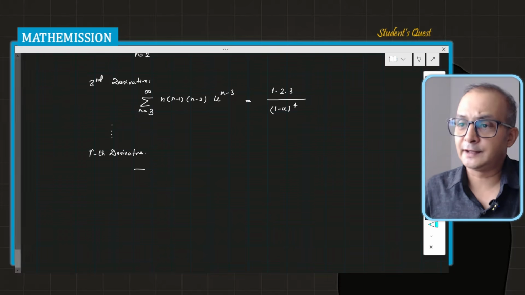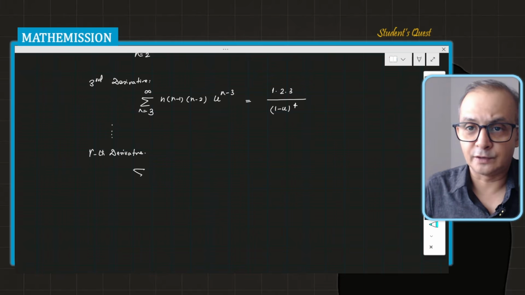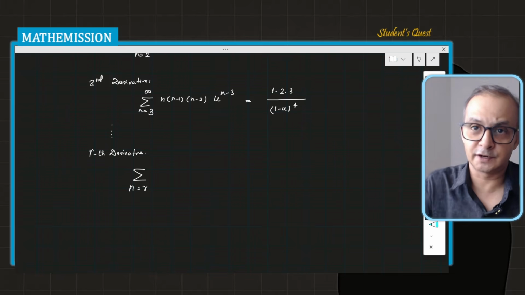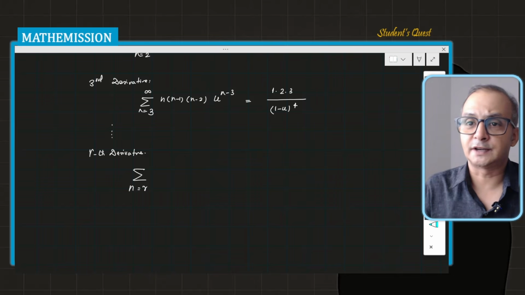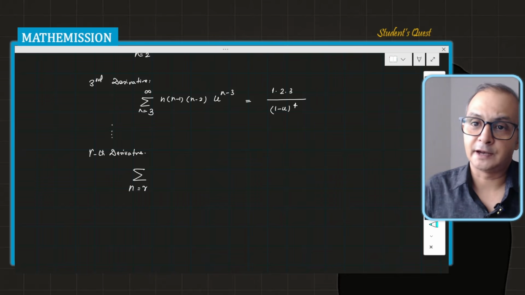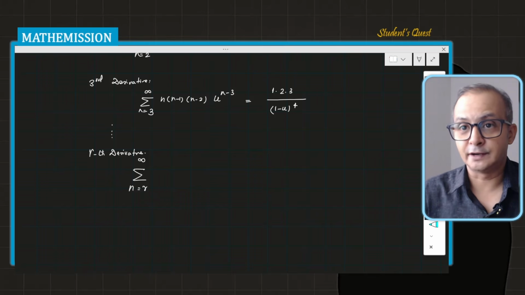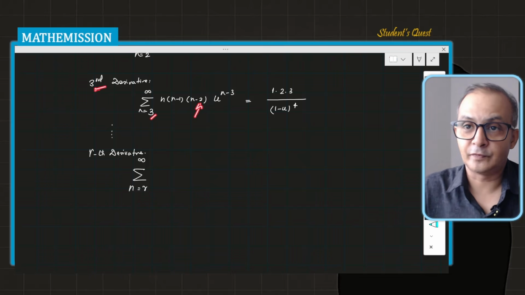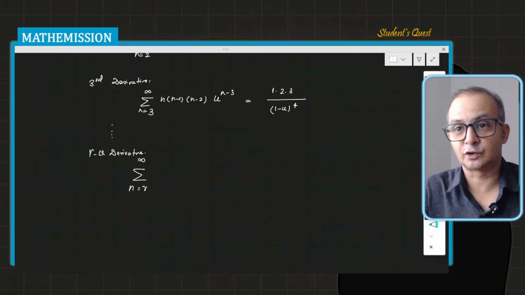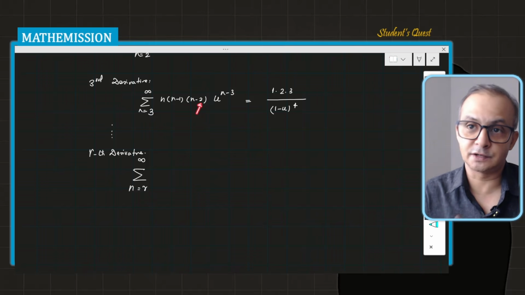So the rth derivative, now we can see what is happening. I can write n starts from r, because for the third derivative the n was starting from 3 and it goes up to infinity. And since we have already decoded that because there were 3 here, the third derivative, this factorial type of terms, the consecutive terms start at one term before.